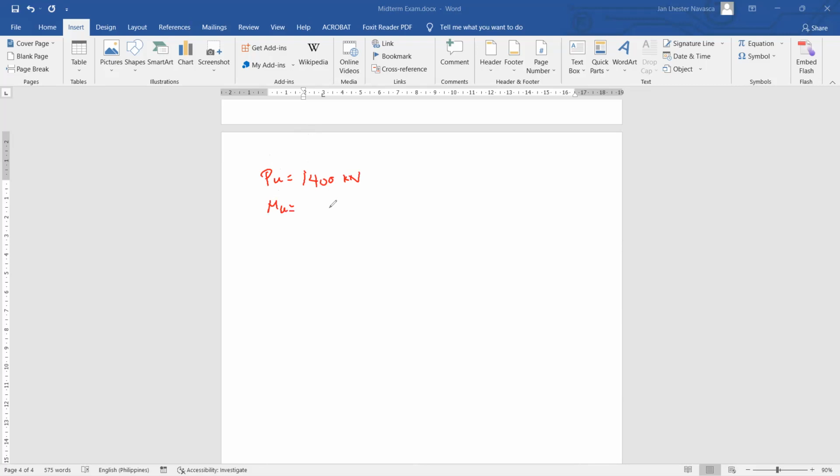Siya lang yung load combination na 1.3 dead load plus 1.1 live load plus 1.1 E. So 1.3 moment in dead load plus the 1.1 moment in live load plus the 1.1 moment in earthquake. Okay, so MU mo dito is 33 kilonewton meter.